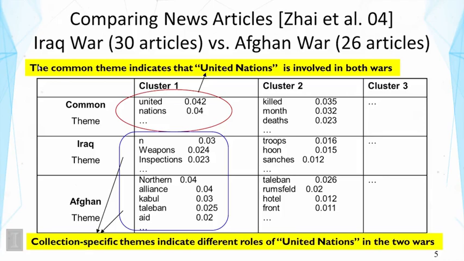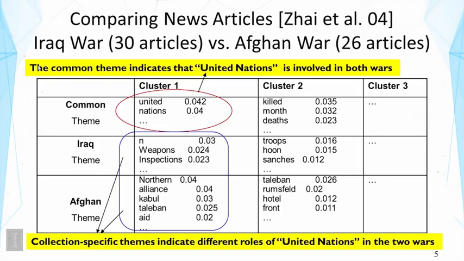It's a different variation of the topic of United Nations. So this shows that by bringing in the context, in this case different wars or different collections of text, we can have topic variations tied to this context to reveal the differences of coverage of United Nations in the two wars.